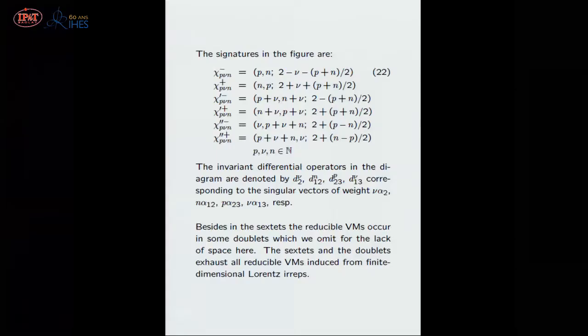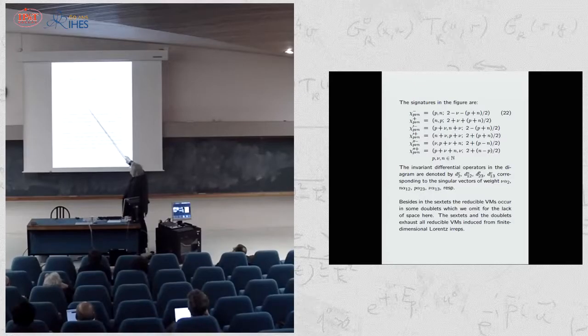Everything is absolutely explicit. So you see, these are the weights. The first two are the Lorentz dimensions, as I said, and the last number is the conformal weight. These are positive integers.